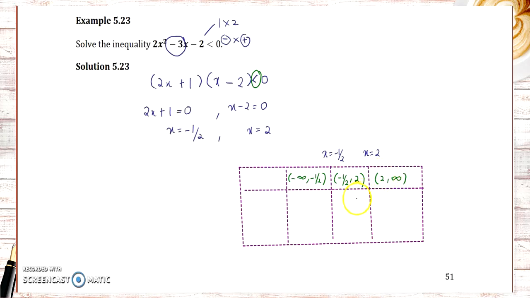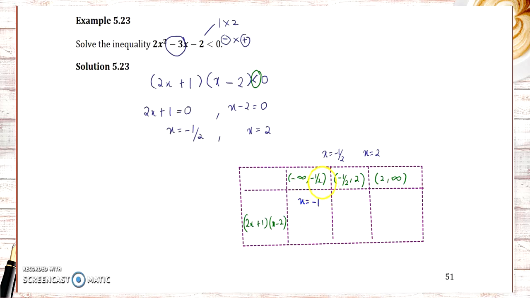Now let's choose any x that satisfies every column. For the left hand side, we have 2x plus 1 times x minus 2. Let's choose x within this interval. Let's choose x equals negative 1.